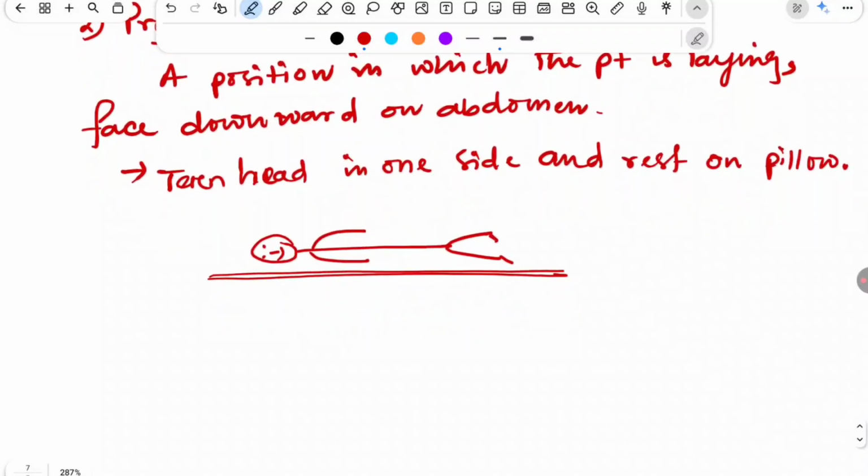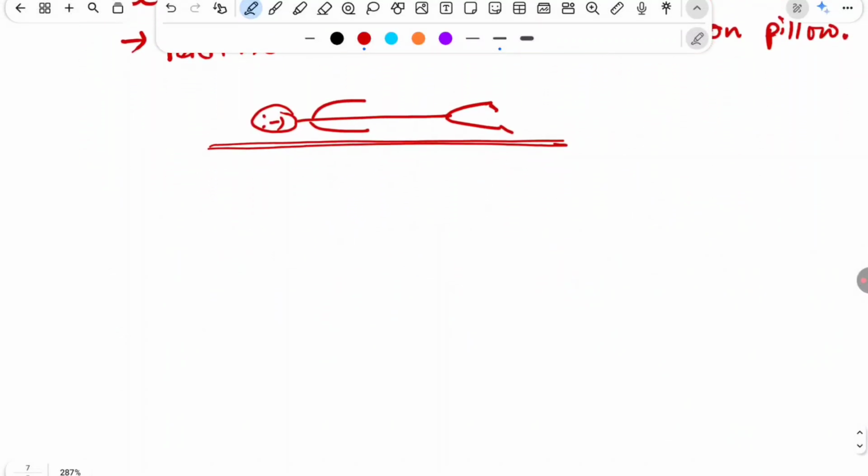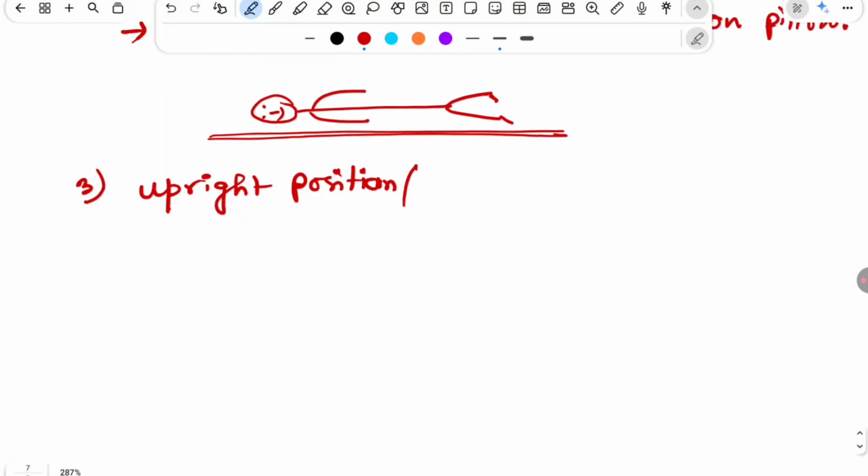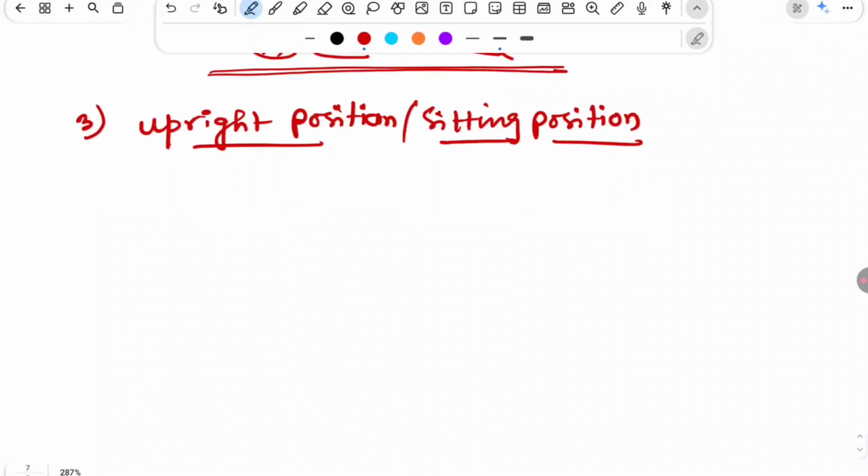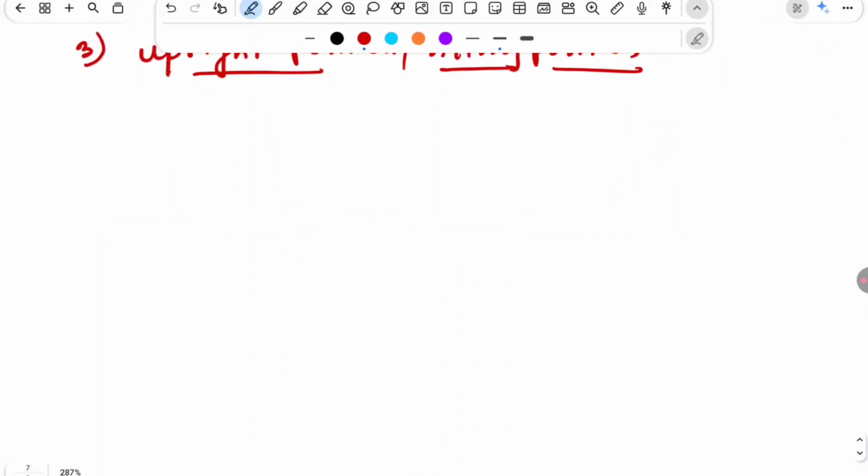Okay, next is upright position. Another name is sitting position. Normally we are sitting, no, that position only is upright position.